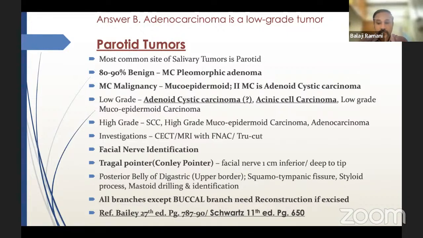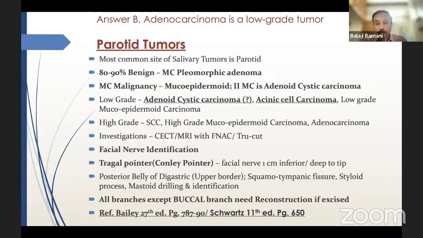In general, for any deep lobe tumor, the option is still going to be a total conservative parotidectomy. There is nothing called a resection of the deep lobe alone. Whenever you do a surgery to reach the deep lobe, you'll have to remove the superficial lobe and identify the facial nerve branches. It will be like this, the pes anserinus. So you will have to lift up the facial nerve branches, then go deeper to it and then remove the tumor.